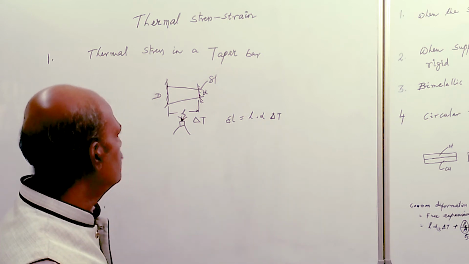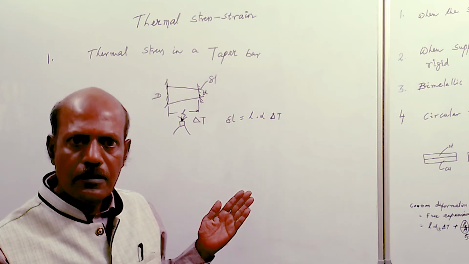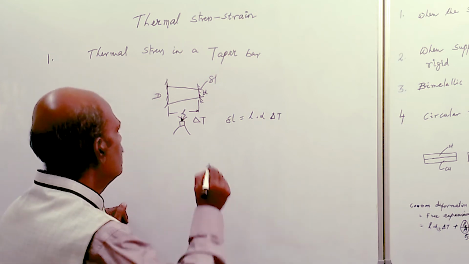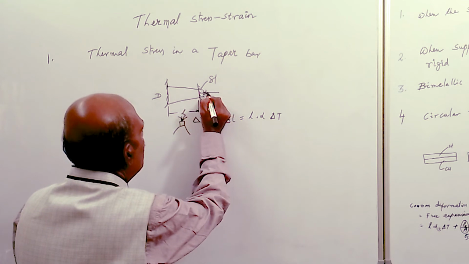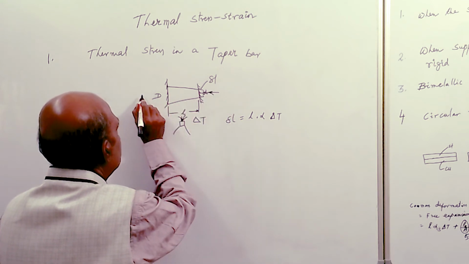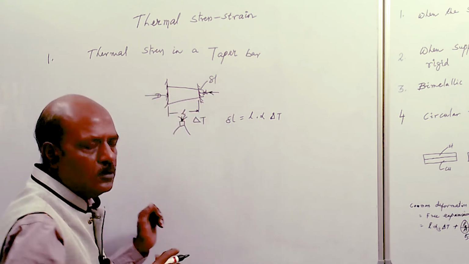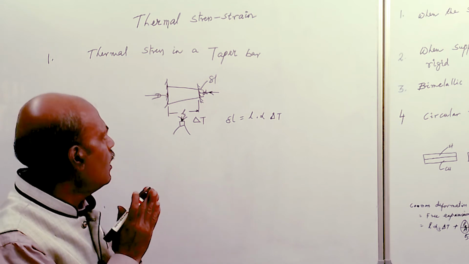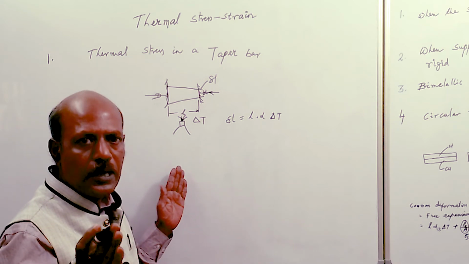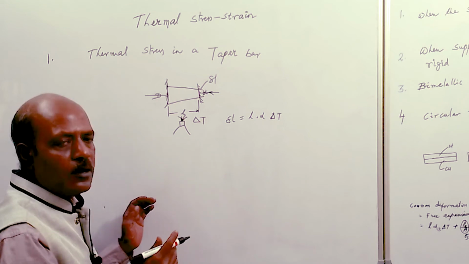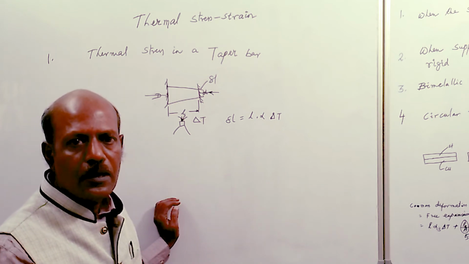Okay. Now, as the supports are rigid, what will happen? Because the supports are rigid, they will not allow the bar to expand. Thereby a compressive stress will develop in the bar.